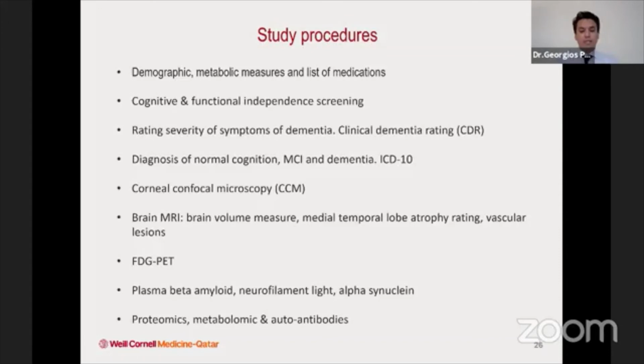Now, for this study, we're also taking blood samples for research purposes and not for clinical purposes, to look specifically for concentration of plasma beta amyloid, neurofilament light, and alpha-synuclein, which are biomarkers for neurodegeneration. Are we doing proteomic analysis, metabolomic analysis? These are things that are done in QBRI.